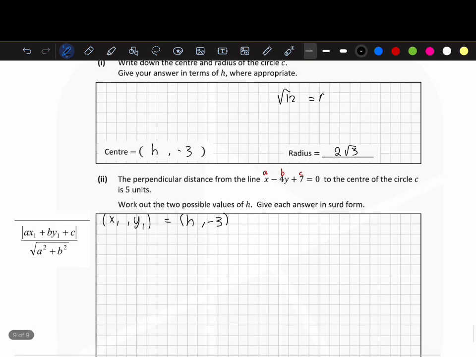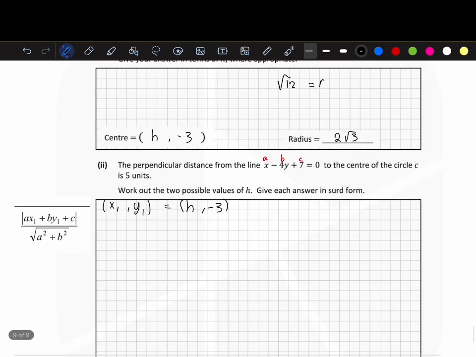So if we go ahead and fill this out, we have a, which is 1, multiplied by my x1 value, which is h. Now we add on b, which is minus 4, multiplied by my y1 value, which is minus 3, plus whatever my c is, which is 7. It's going to be the absolute value of that, and it's divided by the square root of a squared plus b squared, which is 1 squared plus minus 4 squared.